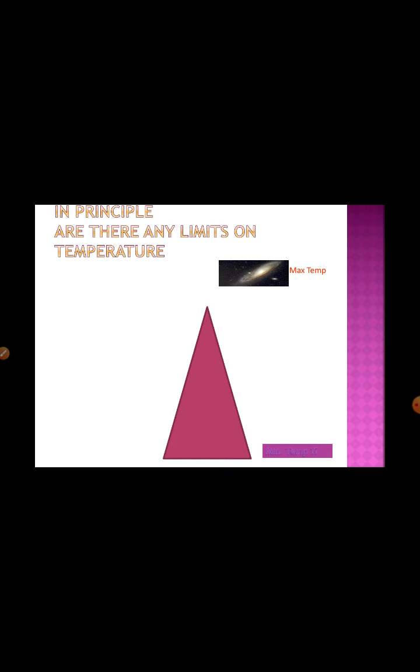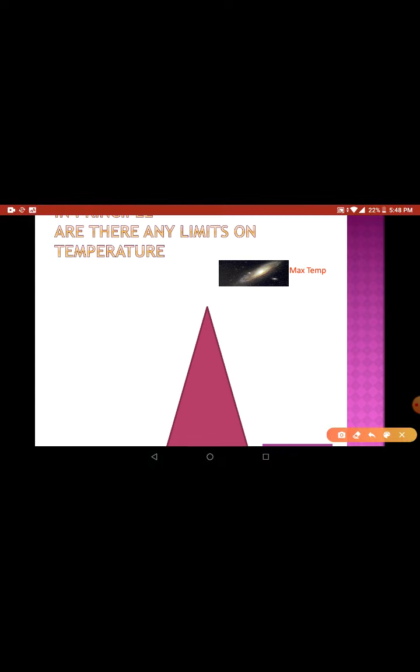The limit on minimum temperature is minus 273 degrees Celsius, and for maximum temperature we can say there is no limit. When you take a solid and heat it, it converts into liquid, and if you go on heating, the liquid converts to gas. If you go on heating the gas, it splits into different ions, forming plasma with charge distributive layers.